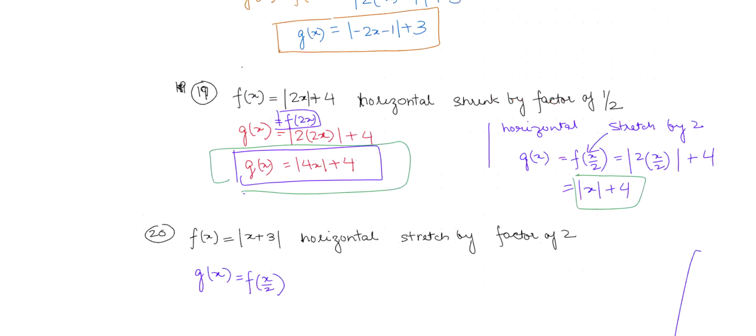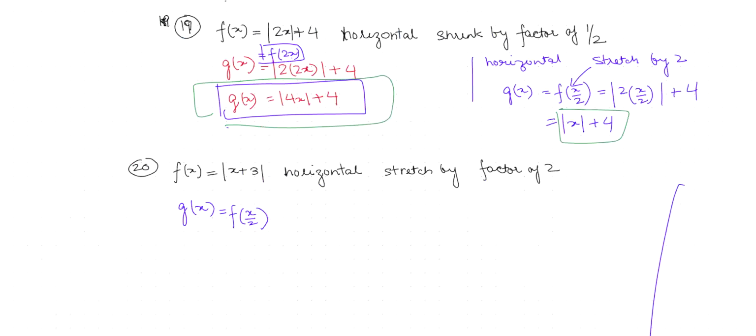So this would be replacing x with x by 2, or multiplying x with half, plus 3. So this would give us x by 2 plus 3. This is our g of x.